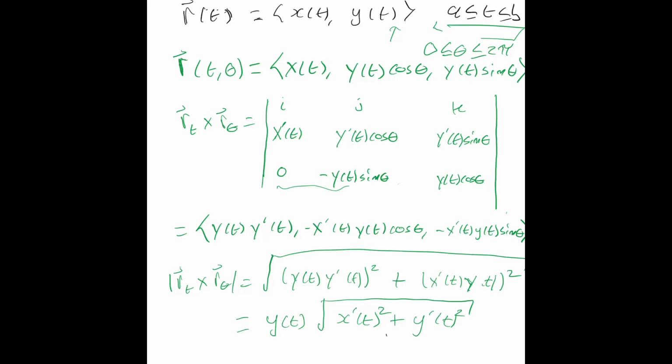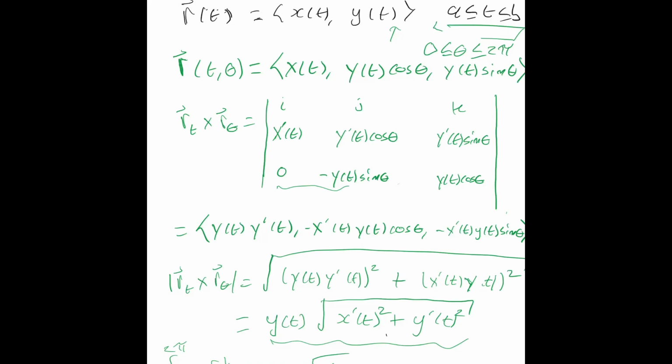Now, it's possible when you took Calc 2 and studied surfaces of revolution, you were given this formula. I forget how we derived that for you in Calc 2, but this is one way to derive the formula in Calc 3. If we want to compute the surface area of this surface, it's going to be the integral where t goes from a to b, theta goes from 0 to 2 pi, of y of t times the square root of x prime of t squared plus y prime of t squared.